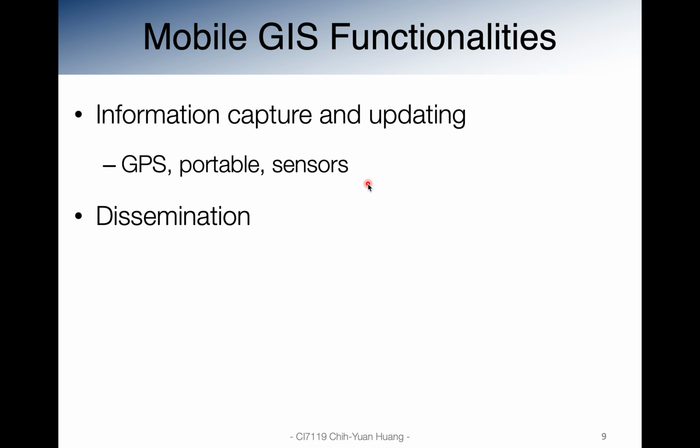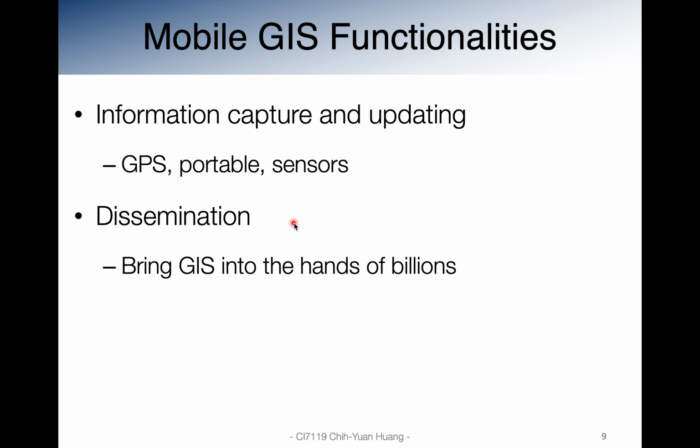The other functionality that mobile GIS can support is dissemination. That means you can bring the GIS to the hands of millions or billions of people.